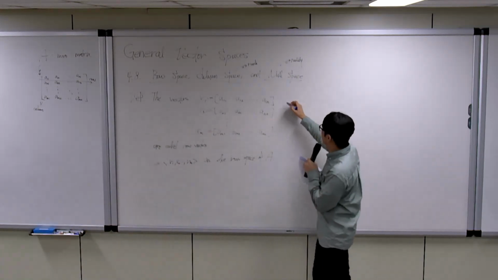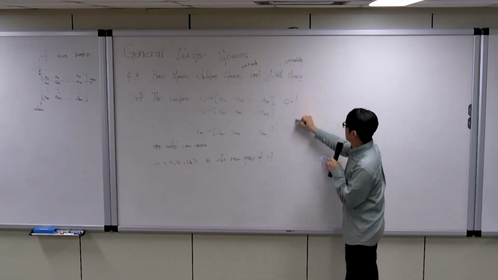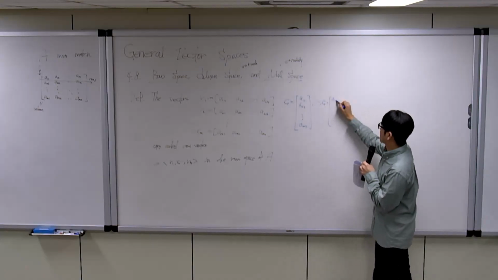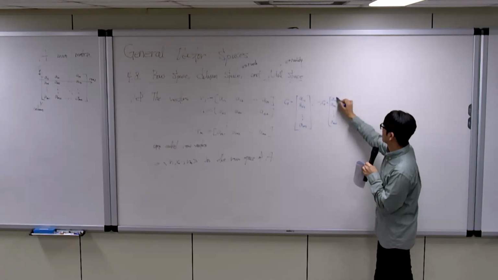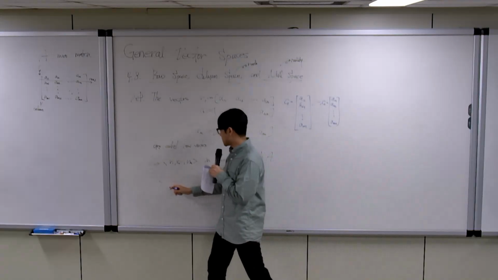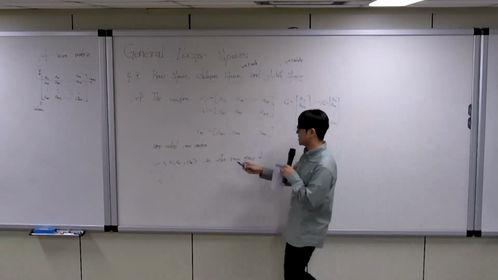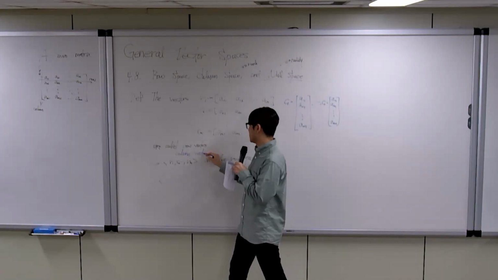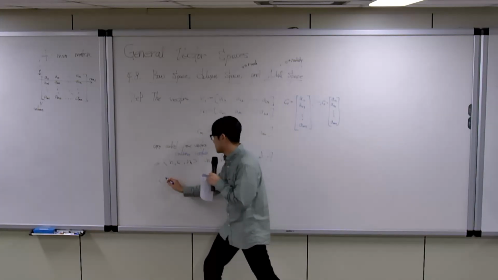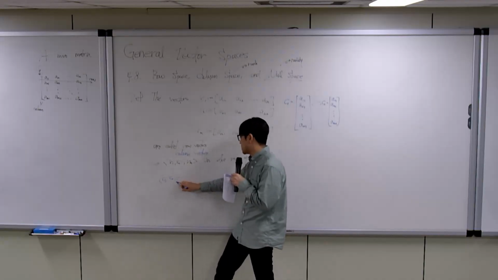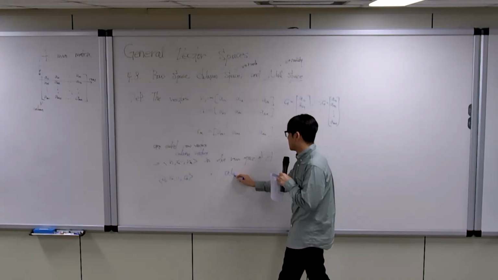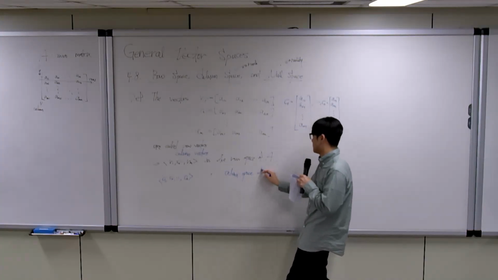If you define C1 as A11, A21, Am1, and Cn as A1n, A2n, Amn, then these will be called the column vectors, and the space generated by C1 through Cn is called the column space of A.